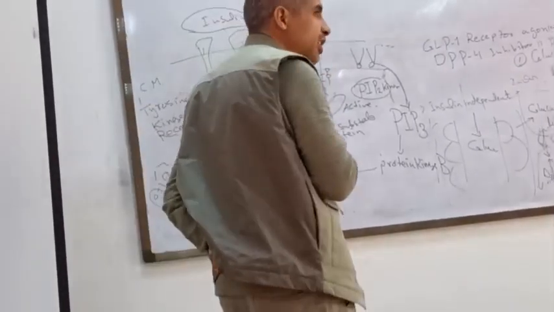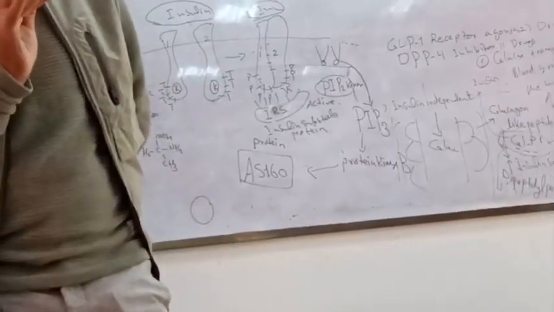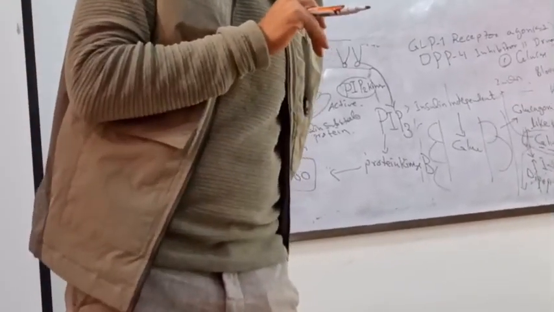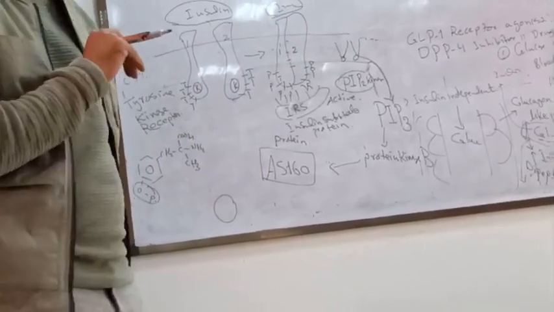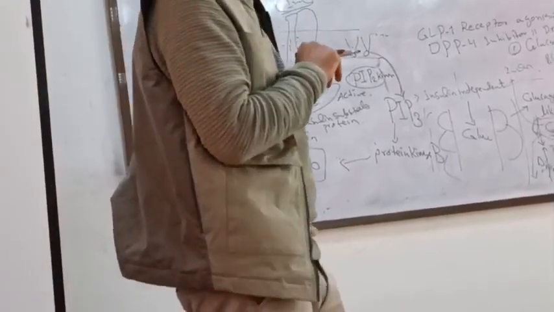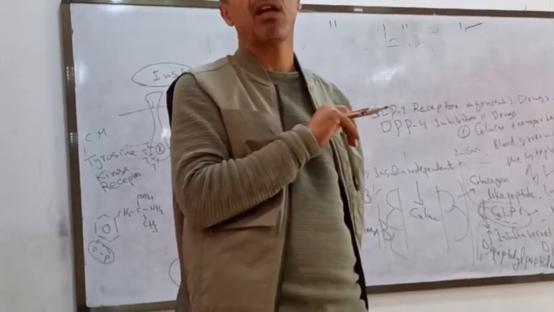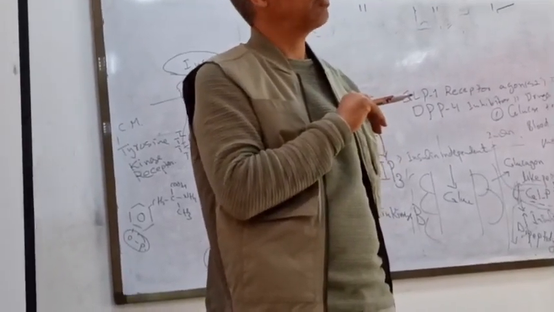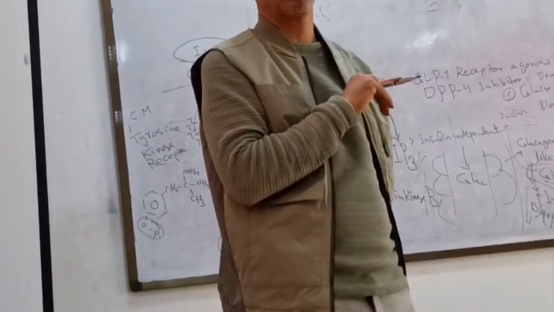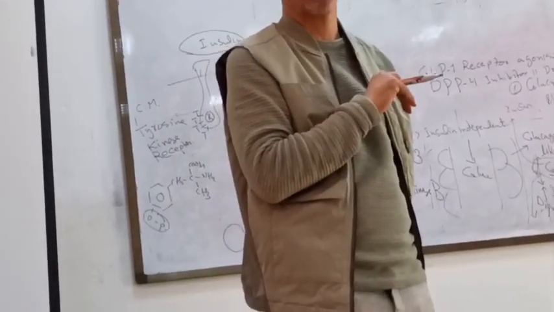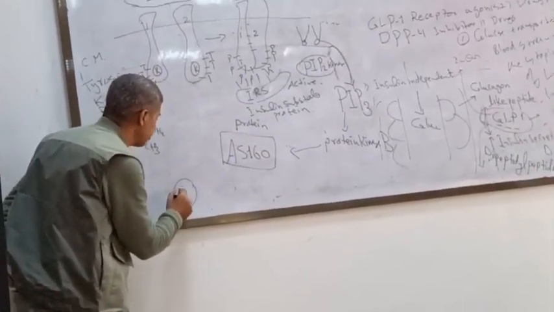A G protein is a protein activated by GTP and inhibited by GDP, and that is why we call them G proteins. G is short for guanosine. So it is activated by guanosine triphosphate and inhibited by dephosphorylation of guanosine triphosphate to guanosine diphosphate.